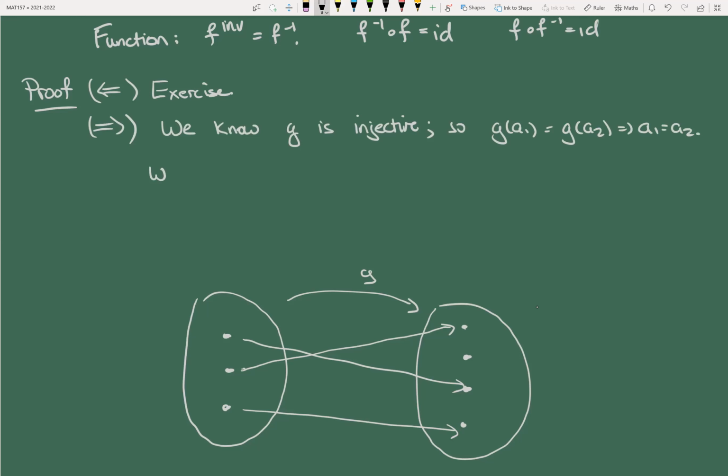What we want to construct is H from B to A such that H composed with G is the identity map. Okay, thank you for that reminder. You're right, I was definitely being a little bit bad there. Okay, but we fixed that.